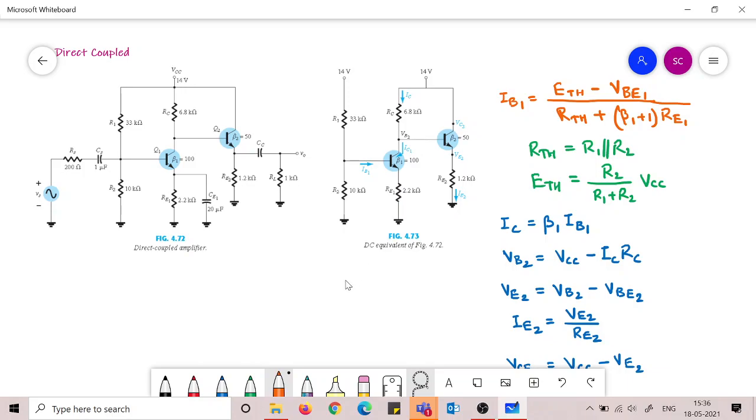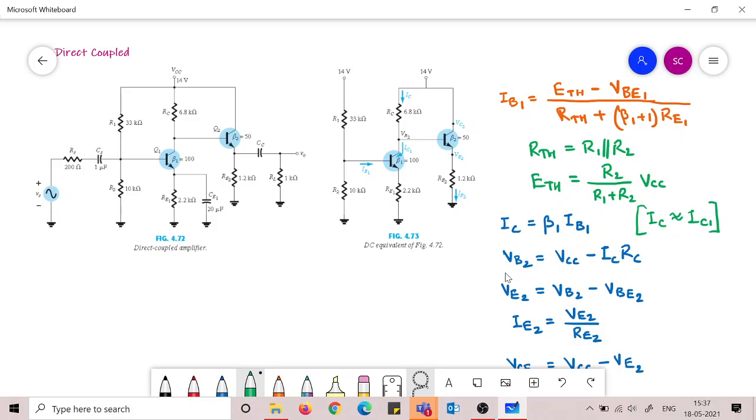This assumption has not been stated explicitly, but we can understand that IC is almost equal to IC1 because IB2 is very small. So we have been able to calculate IC as beta 1 IB1.